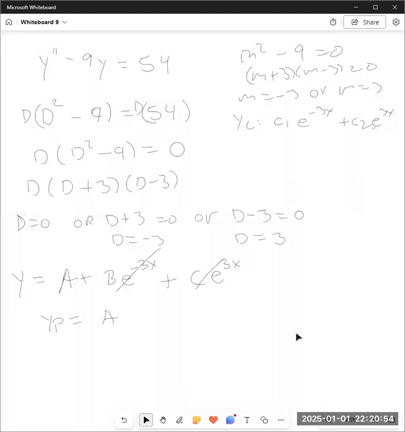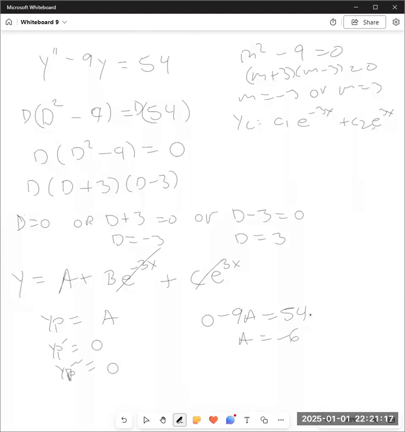And then we move on with our method like we did last time. So yp prime equals 0, yp double prime is equal to 0, which means that I have 0 minus 9a is equal to 54. A equals -6.